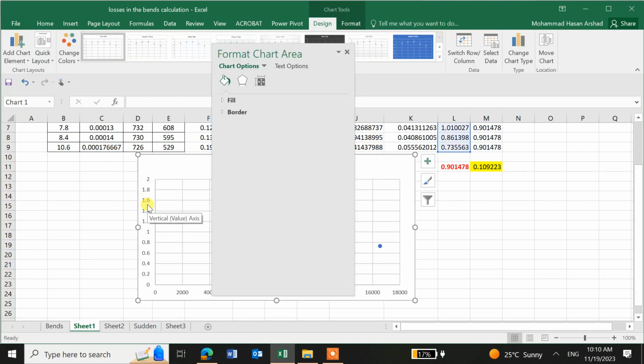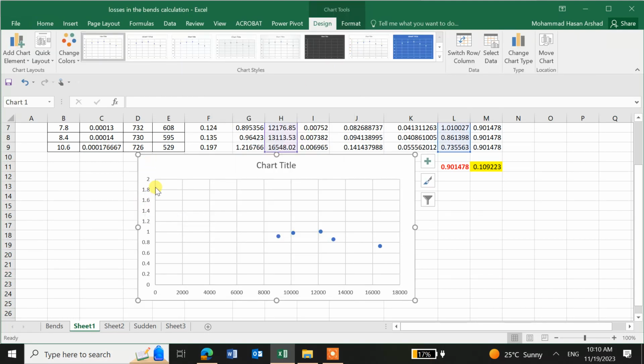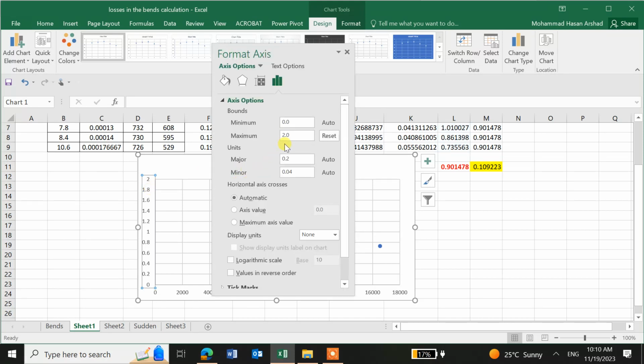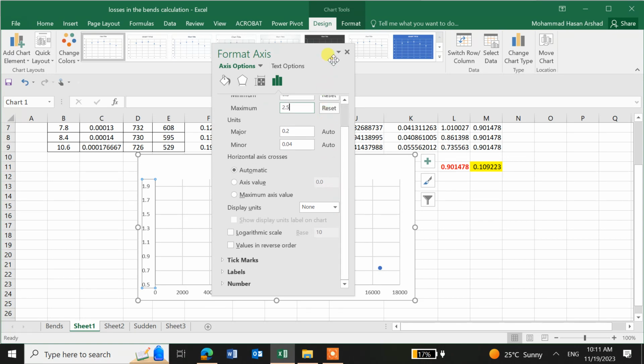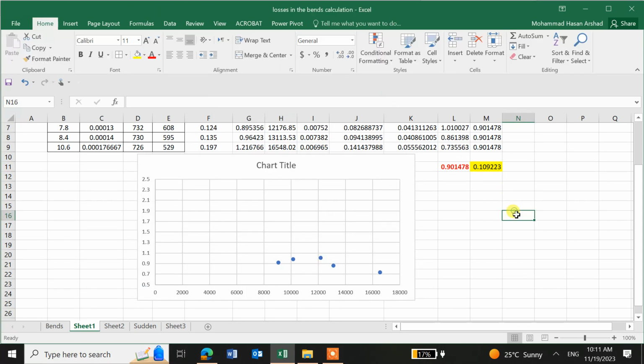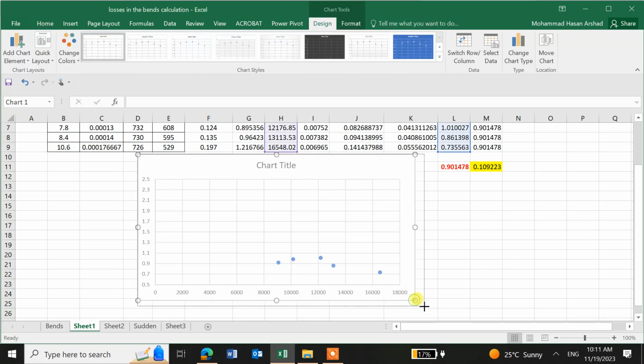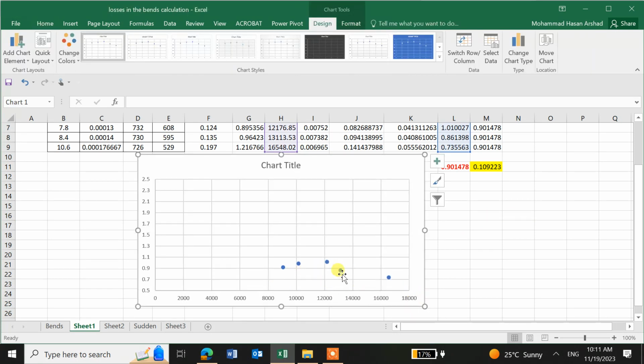Or we can even do it in a better way. Minimum say 0.5, and maybe 2.5. So you can see these values.